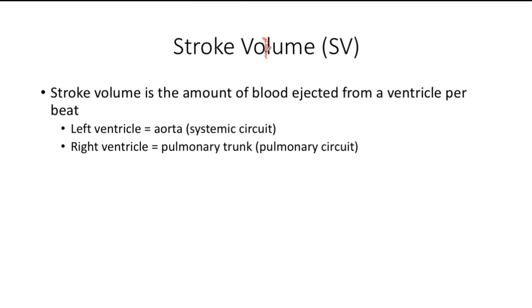When it comes to stroke volume, remember, stroke volume is simply the amount of blood ejected from a ventricle per beat. The stroke volume from the left ventricle is being sent into the aorta, which is the beginning of the systemic circuit, and stroke volume from the right ventricle will go through the pulmonary trunk into the pulmonary circuit.